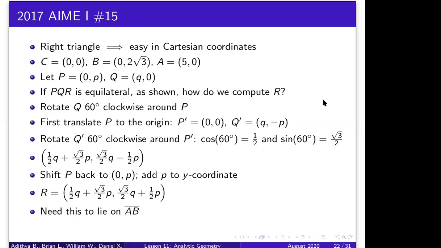Yeah, I think that looks right. Yeah. So you could write it that way. You could also just write it as ax plus by equals c, like 2 root 3x plus 5y equals 10 root 3. But yeah.